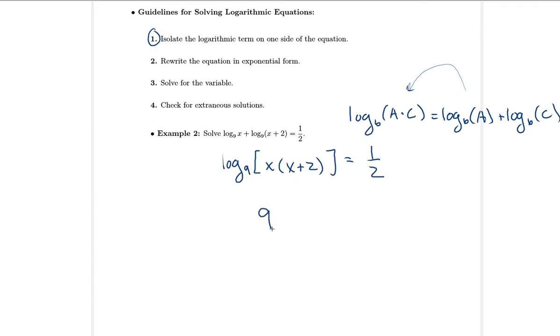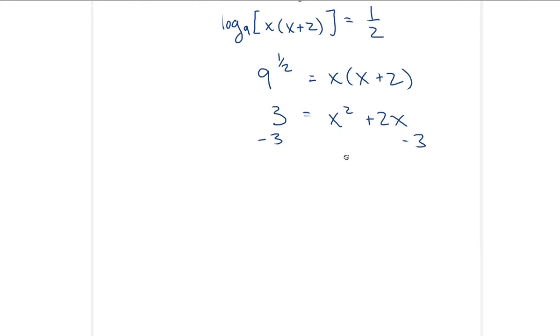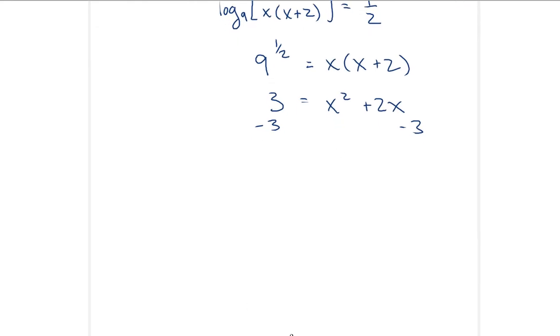The base of the logarithm raised to what the log is equal to equals what's inside the logarithm. And this is something I can solve. 9 to the 1/2, that's just 3. Then we have x squared plus 2x. And this is a quadratic, so we know that our job now is to get all the terms on one side, and factor if I can. If I need to, I can use the quadratic formula. I'm thinking this one has a decent shot at factoring.